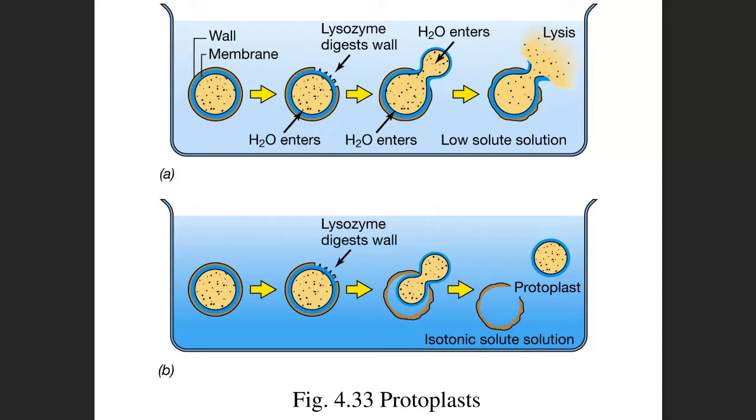So how do you know? If you put a bacteria in isotonic solution and then use an enzyme to remove the cell wall, the cell will flow out of the cell wall and become a protoplast. And so here you only have membrane.